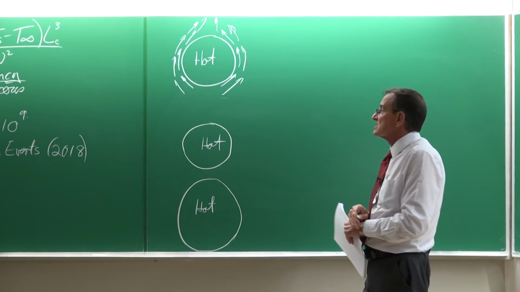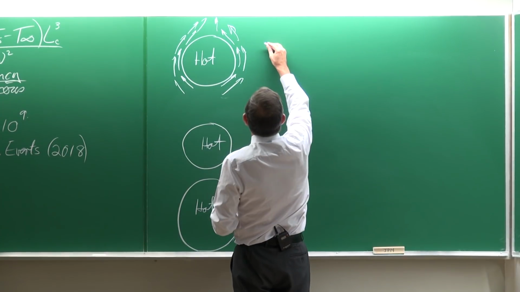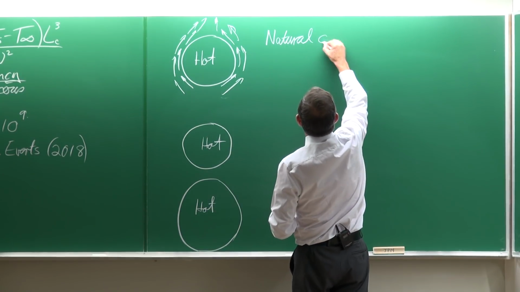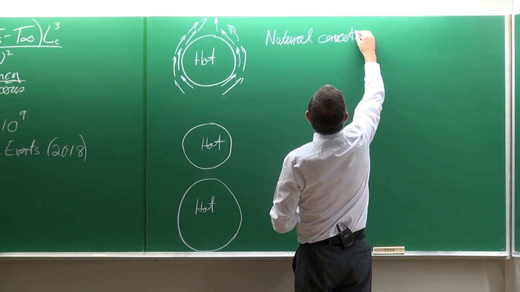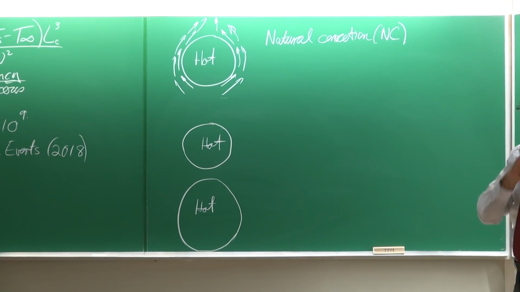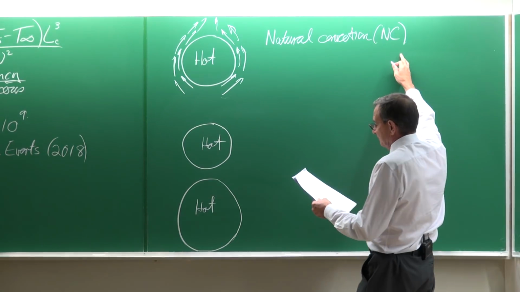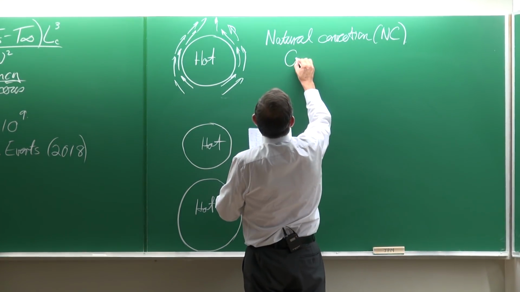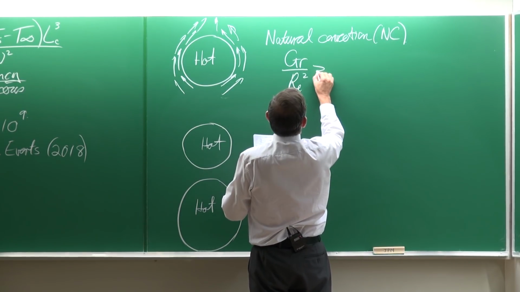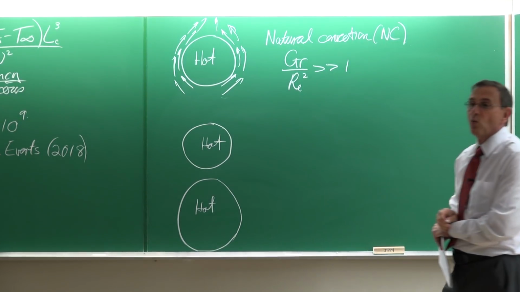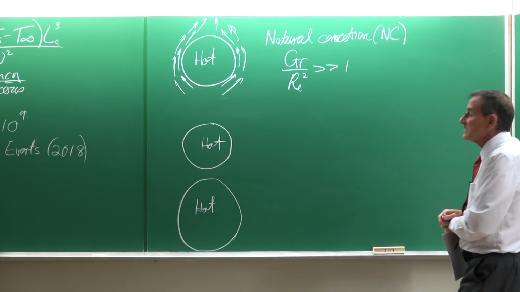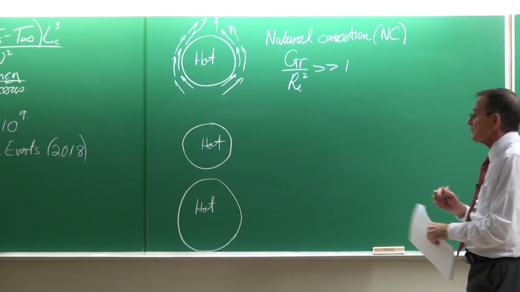The velocities are very, very small, and this is natural convection, or NC for short. In these cases, the Grashof number divided by the Reynolds number squared is typically much larger than 1. That is typically the criterion that we can use.